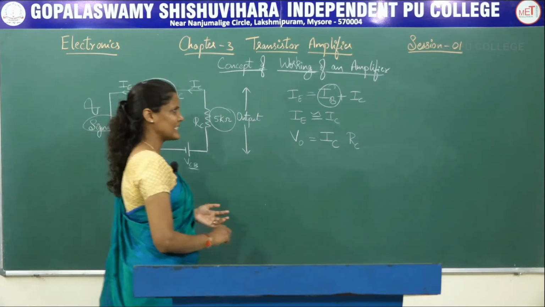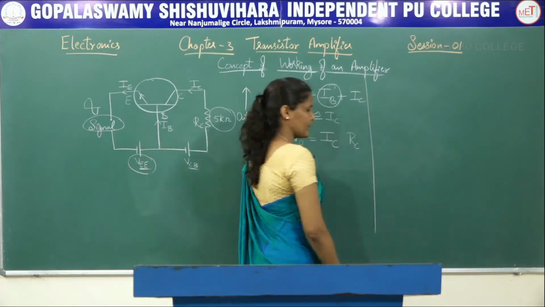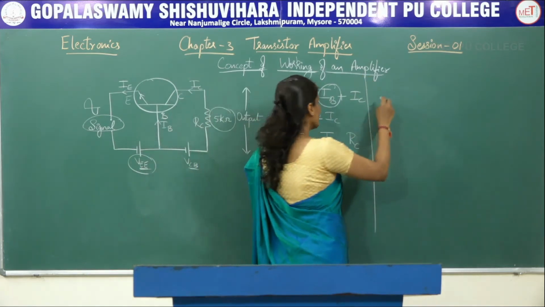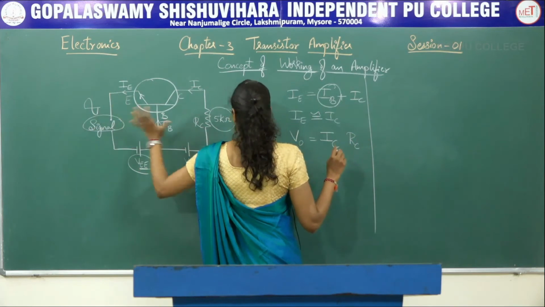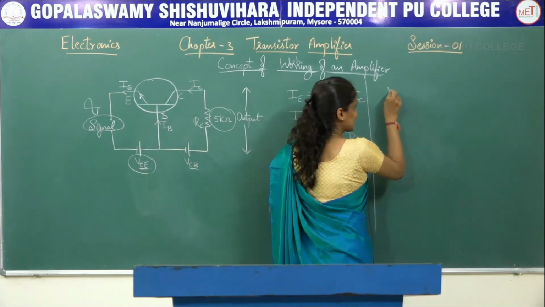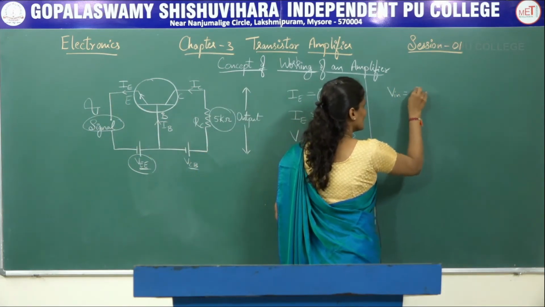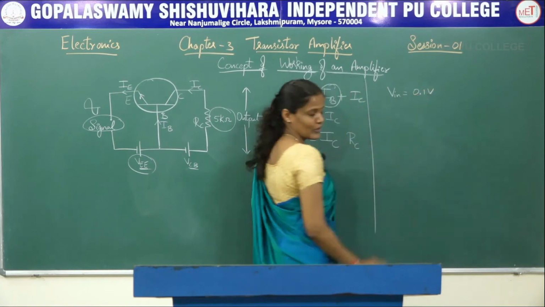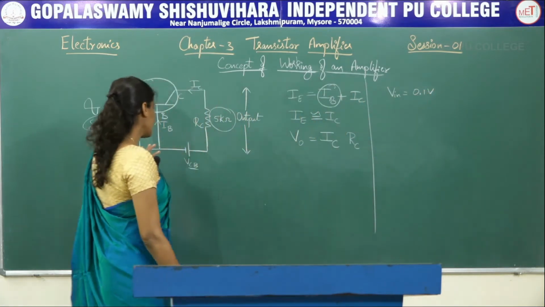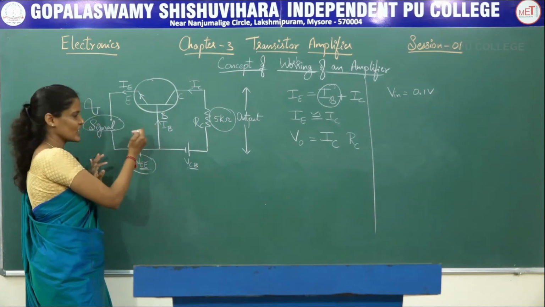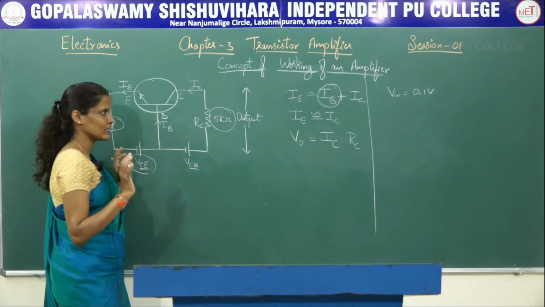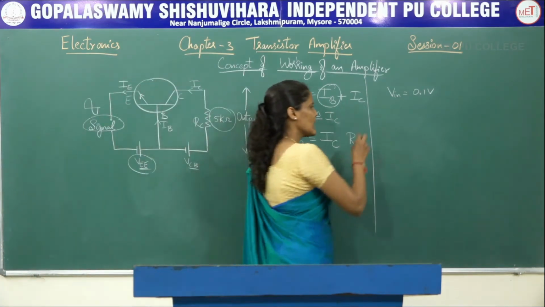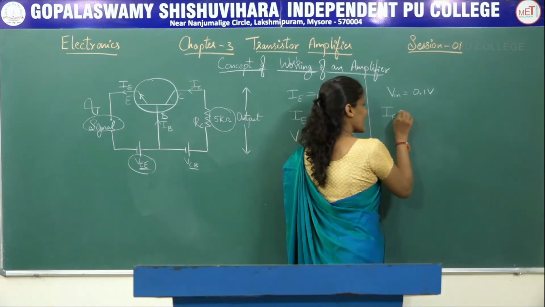Let us try to illustrate this numerically. If the input voltage I am going to apply between these two terminals is Vin equal to 0.1 volts, the input signal I am applying between the emitter and base junction is just 0.1 volts. This 0.1 volts helps in generating the emitter current.